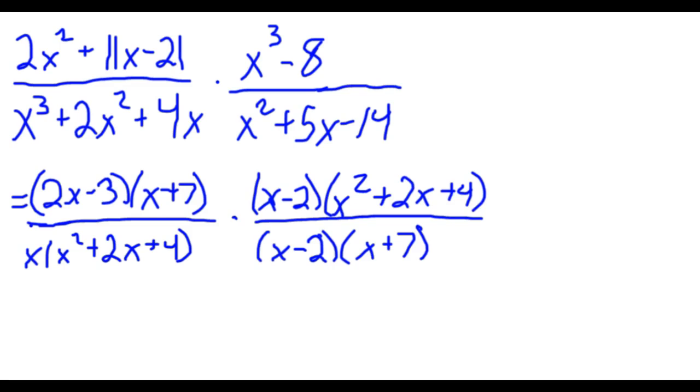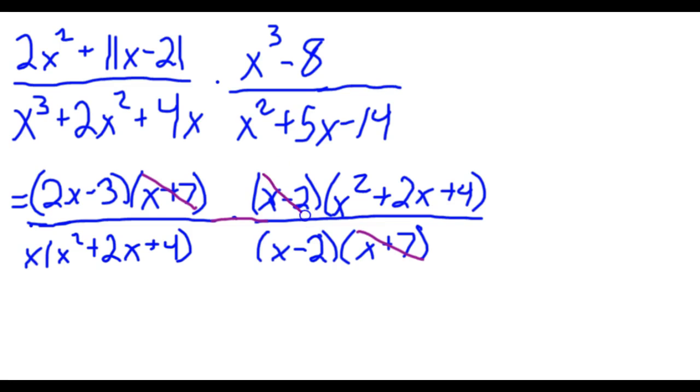Because if we're multiplying two fractions, we have the numerator times the numerator, denominator times denominator, so this basically creates one whole fraction. So if we're looking here, we have a factor of x plus 7 and a factor of x plus 7 that we can cancel out.